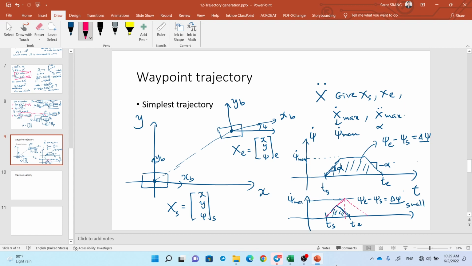So you say, okay, the equation for this line is this. T can vary, and Ts we know. Is alpha constant? Yes, alpha is constant.